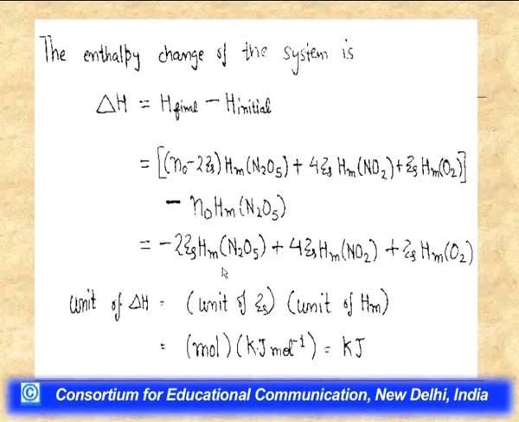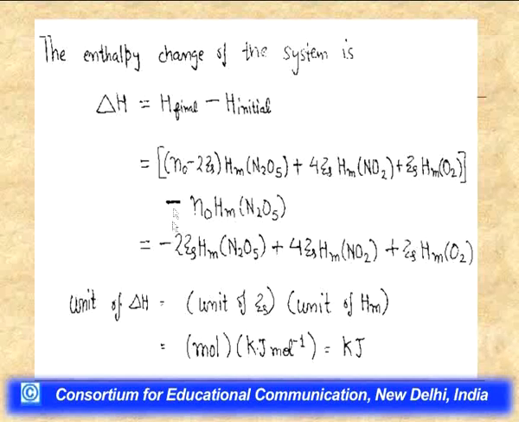Before we go any further, let us have a look at the unit of enthalpy change. Here you see in each term we have the ξ value and the molar enthalpy.